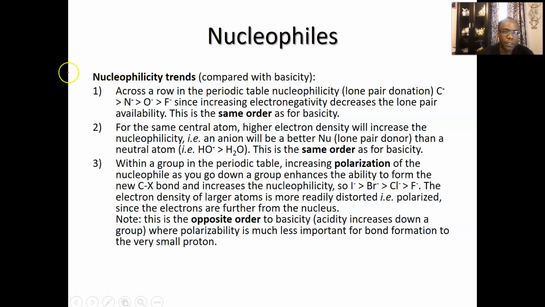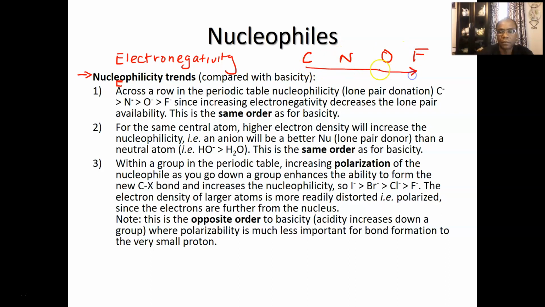Okay, so what makes a nucleophile strong? Factor number one is electronegativity. So let me write it here. Electronegativity. You know that increases across the periodic table. So let's look at the second period. Fluorine will be the most electronegative, and fluorine will be the poorest nucleophile in this list.